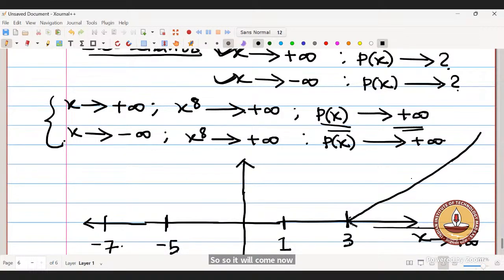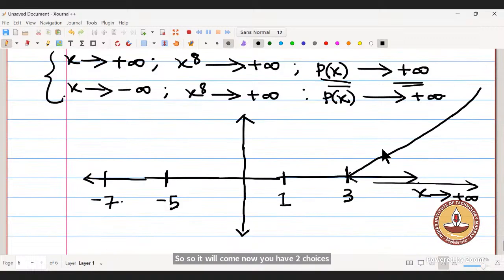Now you have 2 choices. Either it can cross this point, or it can bounce back. To decide this, you need the multiplicity of the root 3.